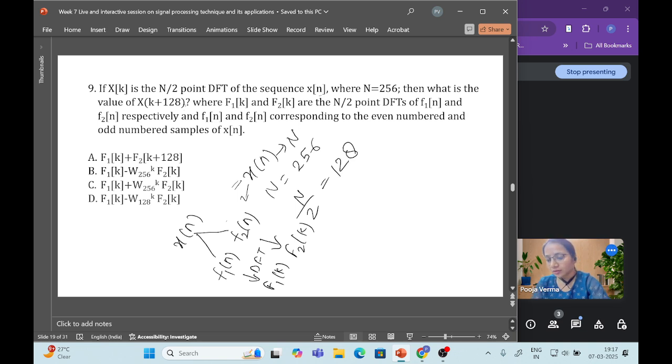As we know, X(k) is divided into even and odd, so F1(k) plus, already we know the lower part is multiplied by the phase factor, so this is F2(k).